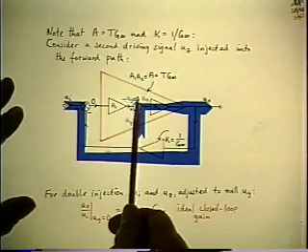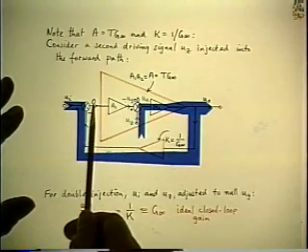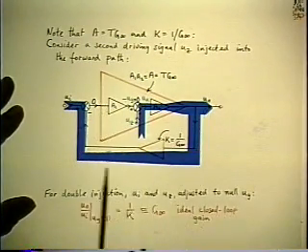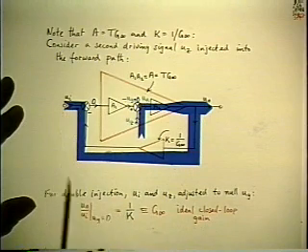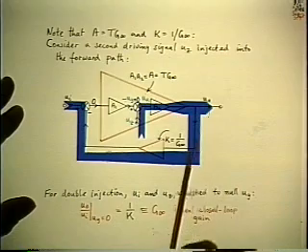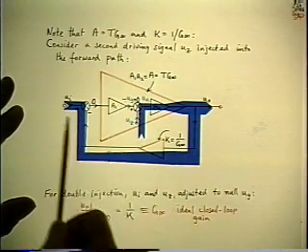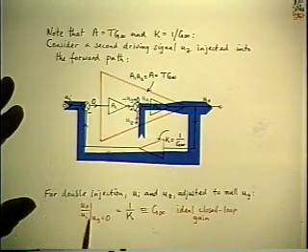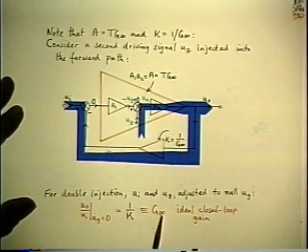We've nulled UY, so we've nulled the error signal. That means that the fed back signal exactly cancels the input. So UO over G infinity equals UI exactly, or UO over UI equals G infinity.